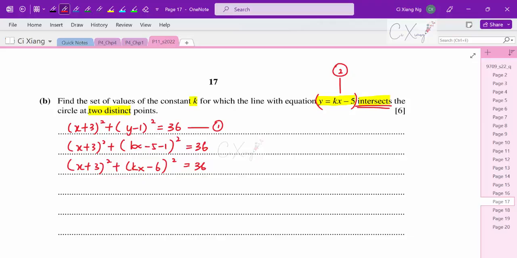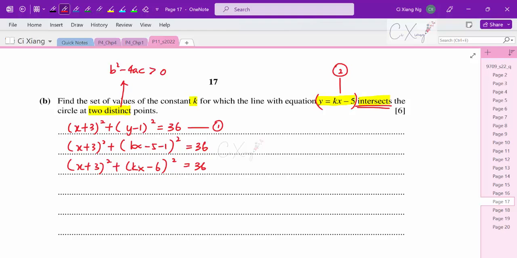Okay, so to get the idea that we are having the intersection at two distinct points, basically in a quadratic equation we should have b squared minus 4ac greater than 0, because we should have two solutions for the value of x. From here, we will eventually get a quadratic equation.